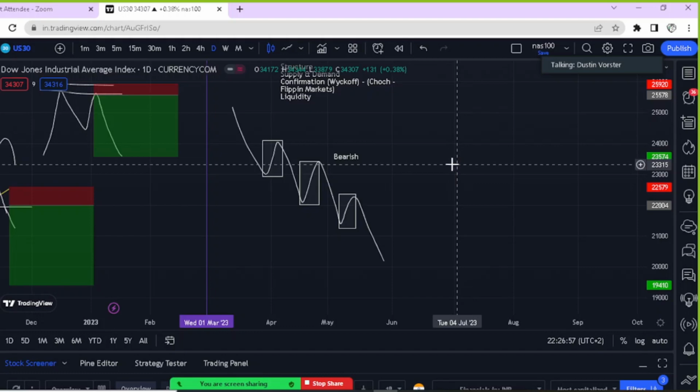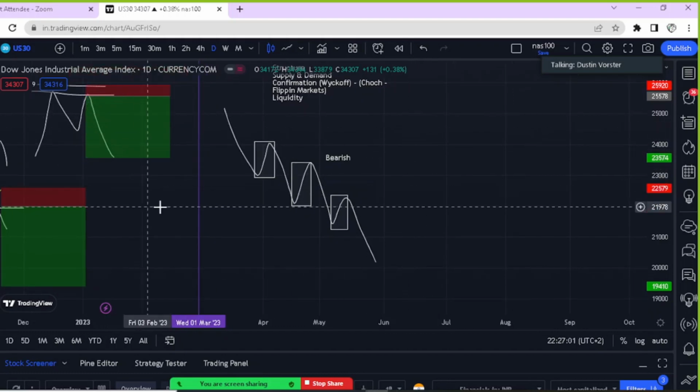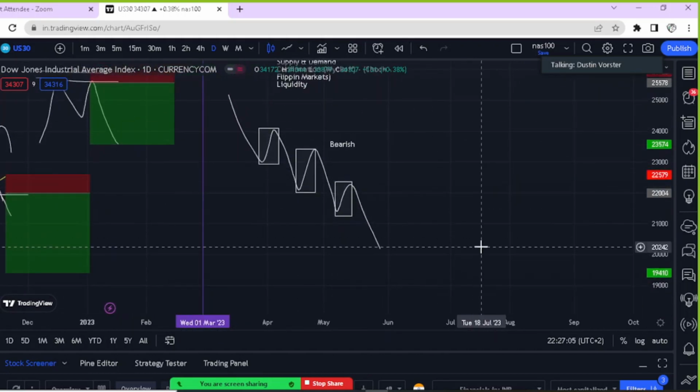When I first started trading and I didn't know a thing about smart money, trading purely retail methods, another question was how far do you zoom out? Am I too far zoomed out? Am I too zoomed in?